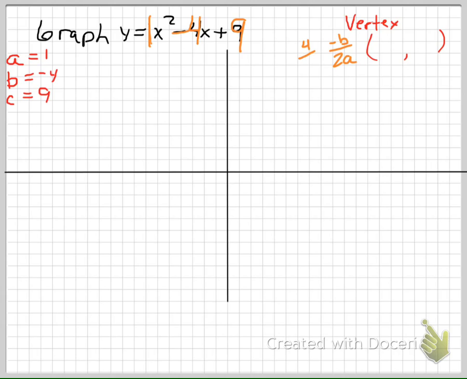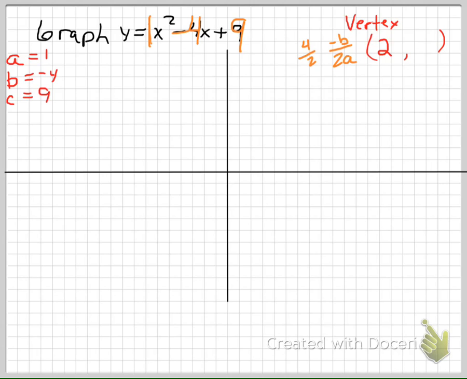And what is 2 times a? 2 times a is 2 times 1, which is 2. And what is 4 divided by 2? 2. So the vertex is going to be 2 something.